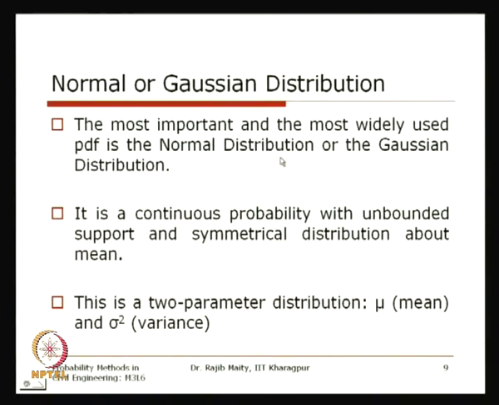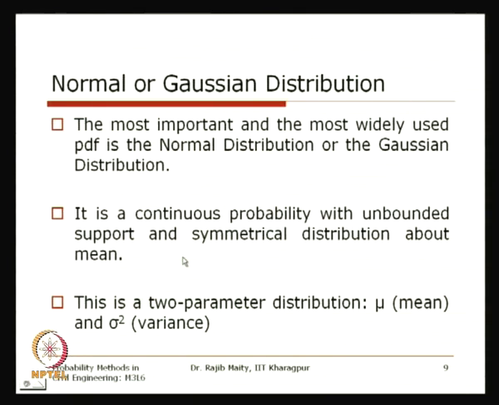That is why the normal or Gaussian distribution is the most popular among all continuous probability distributions, and it is a continuous probability distribution with unbounded support. Unbounded support means mathematically it can take values from -infinity to +infinity, and it is symmetrical about the mean.